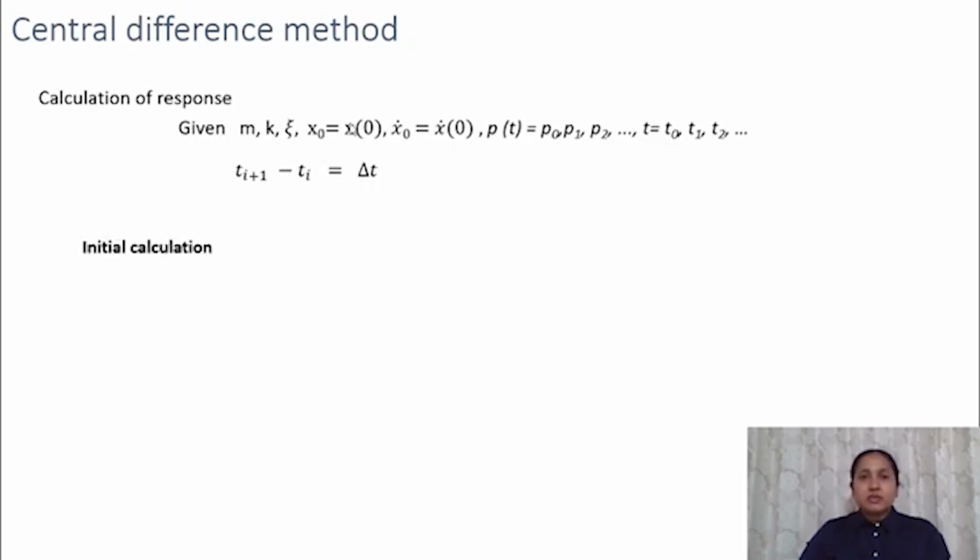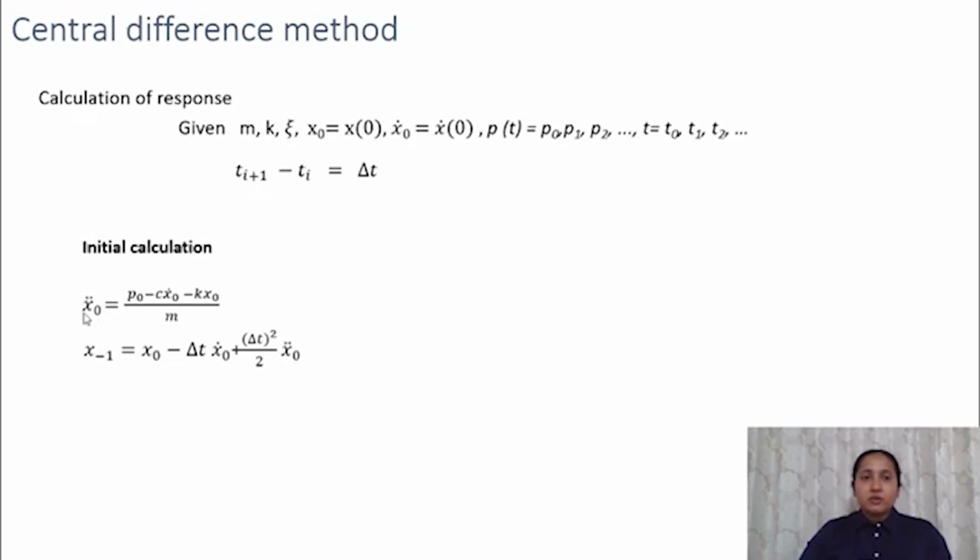So we know the initial displacement and initial velocity, so we can substitute that in the equation of motion. We also know the initial value of the force, so we can calculate the initial acceleration using the equation of motion. And after calculating the initial acceleration, we can calculate x_{-1}. In the previous slide, we have seen that the velocity or acceleration at one time instant depends upon the displacement at the previous time instant also.